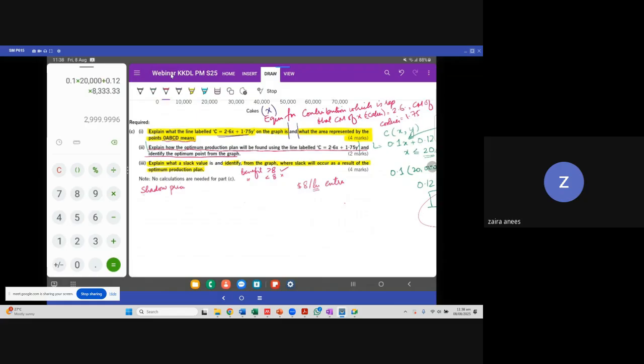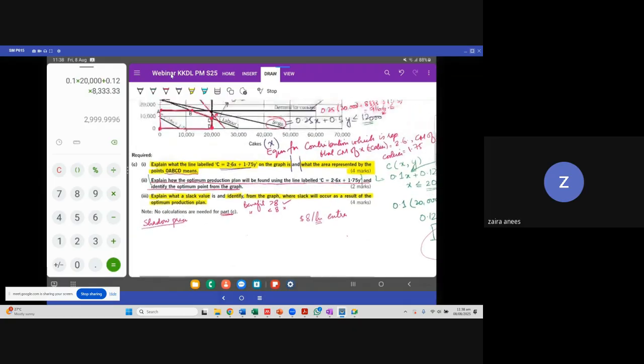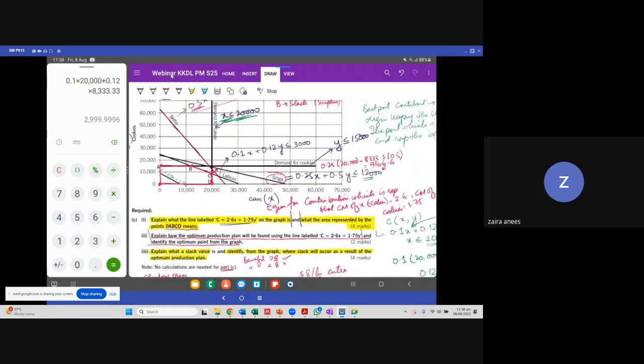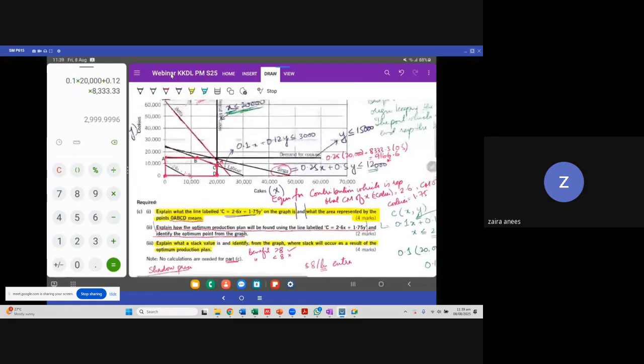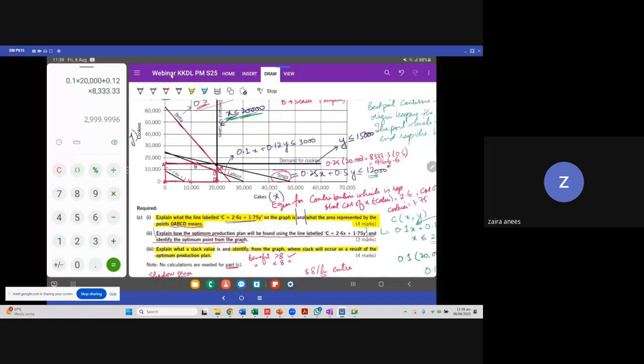For the calculation of shadow price, everything we have to do is by using the graph. For shadow price, you need to locate where your solution is. Point C is the solution.